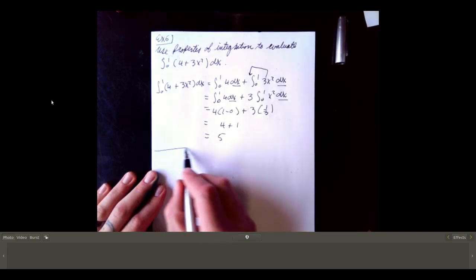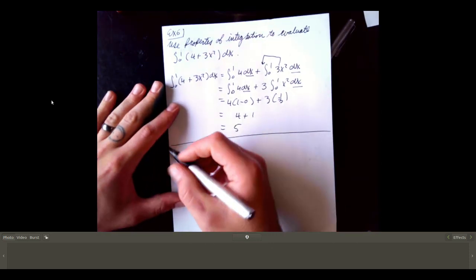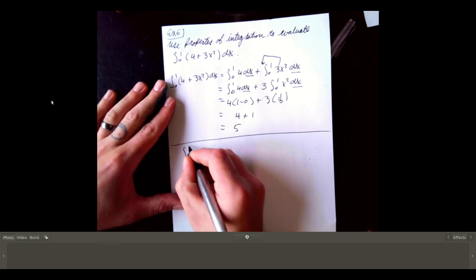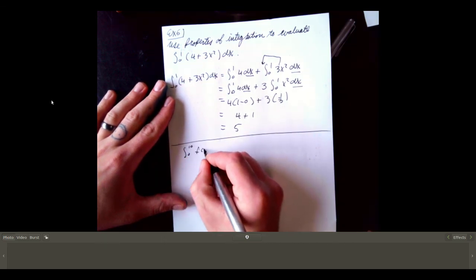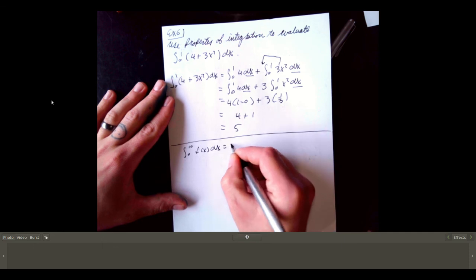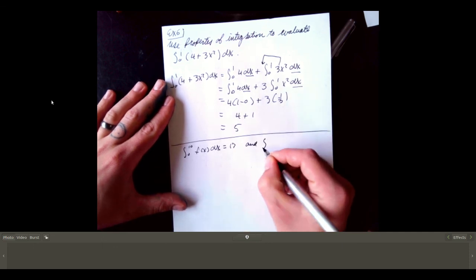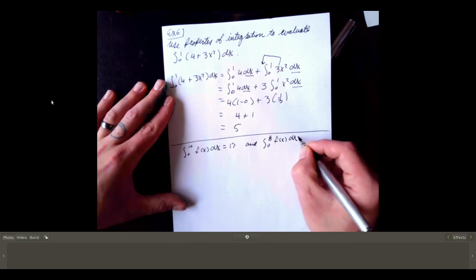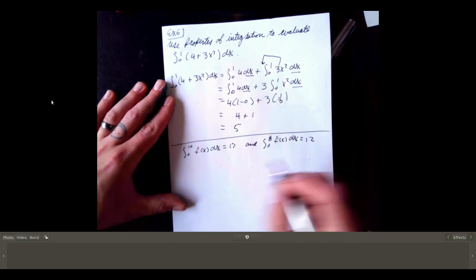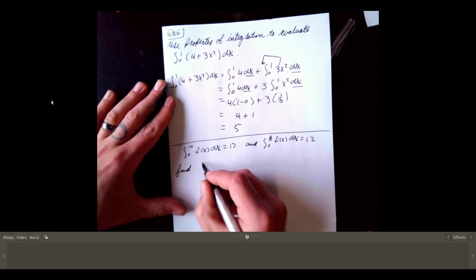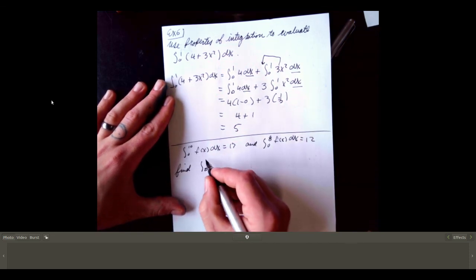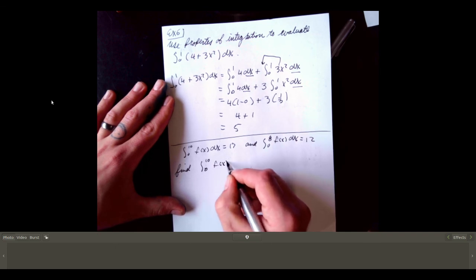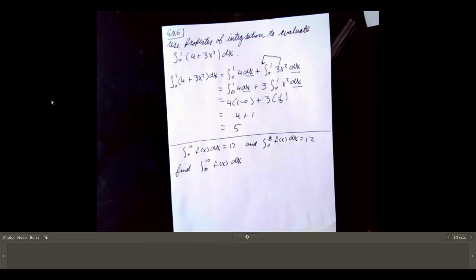Now, using this last property, I want to give you an example. So, if we know that the integral from 0 to 10 of f of x dx is 17, and the integral from 0 to 8 of f of x dx is equal to 12, we want to find the integral from 8 to 10 of f of x dx.